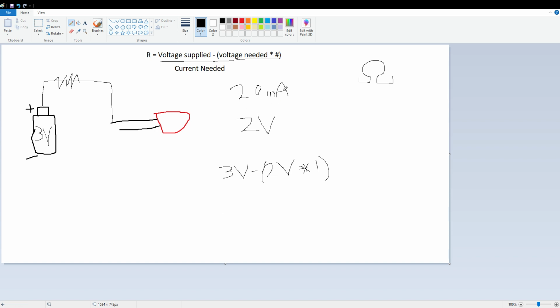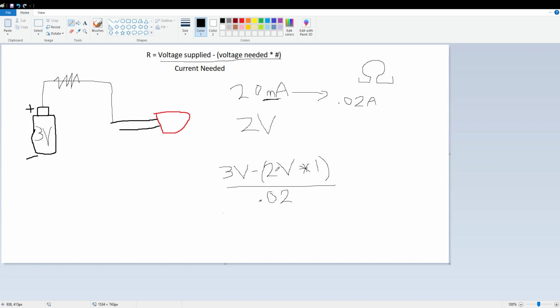The other thing to note here is a lot of the time it's measured in milliamps, right? Which is 1,000th of an amp. So if I want to convert this into amps for the formula, I need to divide it by 1,000, and I get 0.02 amps. Cool. And then I put that in the formula right here under the current needed from the LED, right?